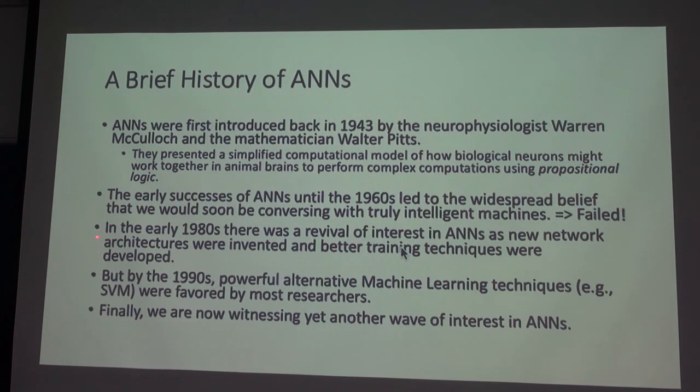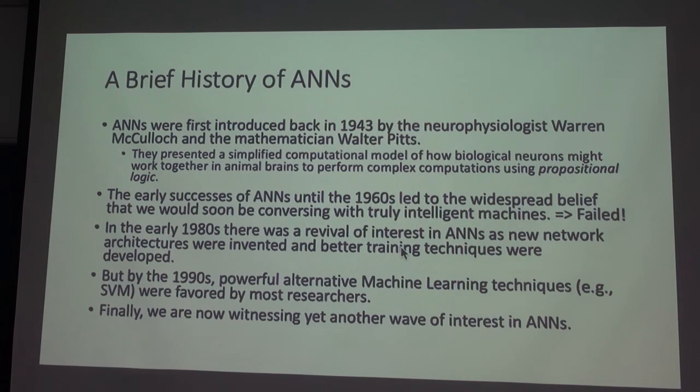But in the early 1980s, there was a revival of interest in ANN, as new network architectures were invented and better training techniques were developed. From the early 1980s to the early 1990s, there was a second surge of artificial intelligence.